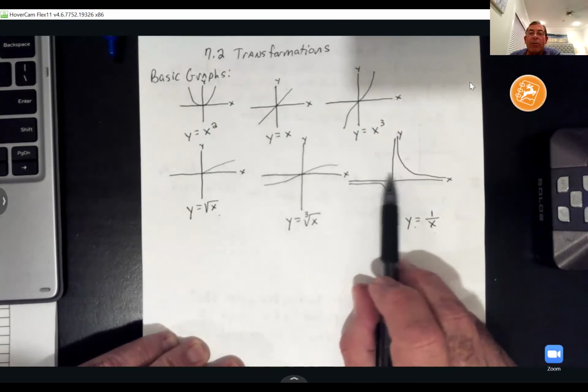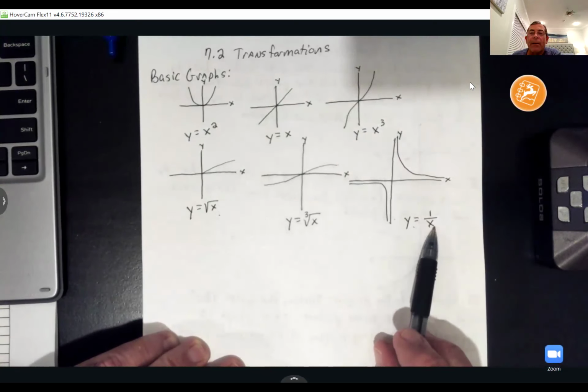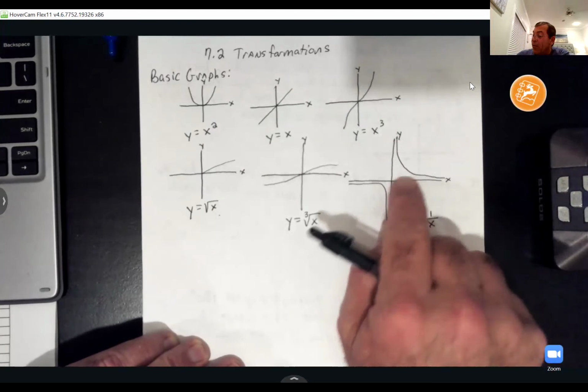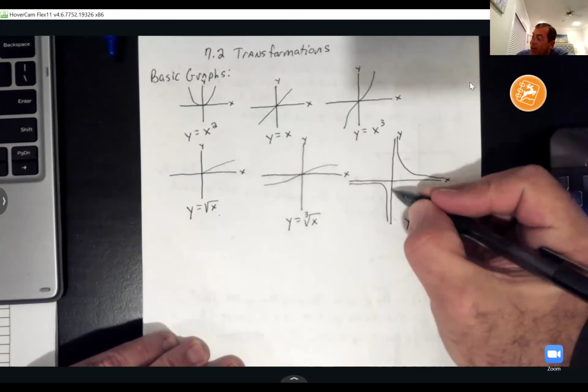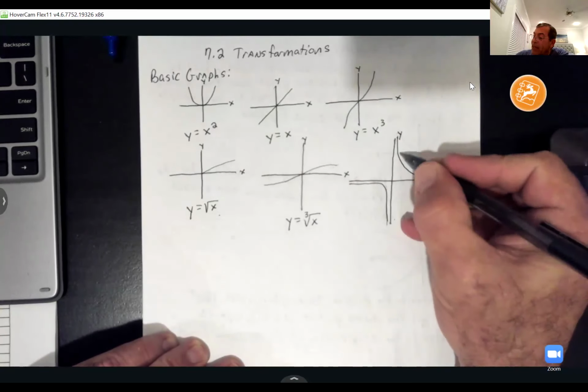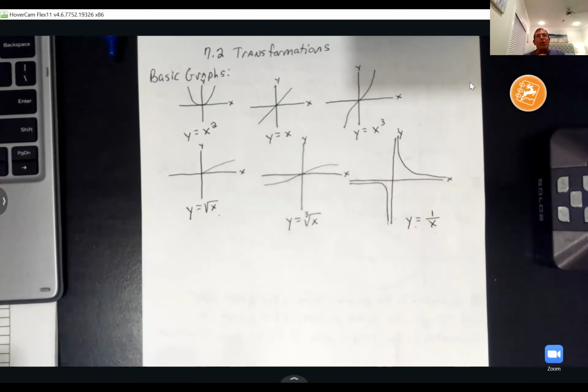You know why it can't cross that y-axis? Because what happens when I put a 0 into that? It makes it undefined. So a graph can't cross where it's undefined. And we'll learn later that when a graph does this kind of thing, we call them asymptotes. We'll learn that in test 3 material, I think.